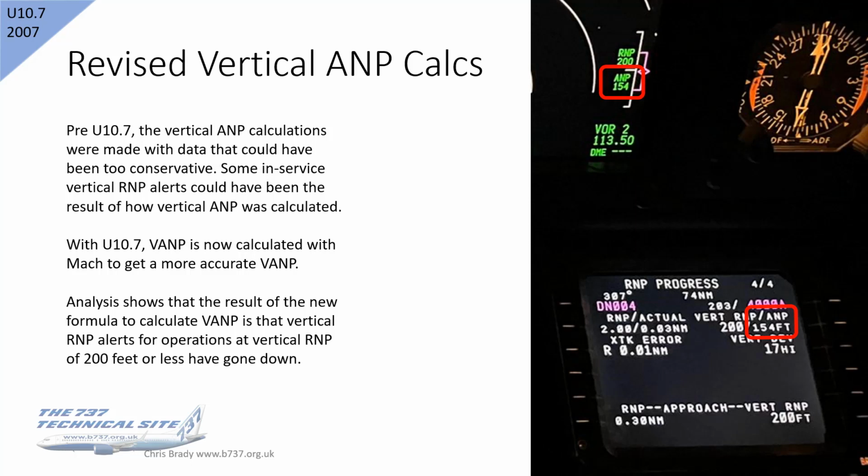With 10.7, the vertical RNP is now calculated with Mach to get a more accurate vertical RNP. And analysis of the result of the new formula and the use of Mach is that vertical RNP alerts for operations at VRNPs of less than 200 feet have gone down. So in other words, accuracy has improved with the new formula and the use of Mach.